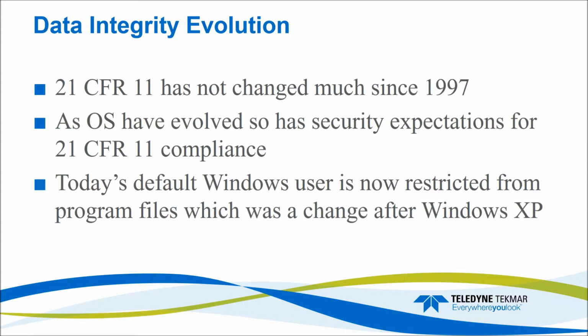So for an example, today's default Windows user, so we'll say most users now have Windows 10, some still have Windows 7, is now restricted from program files, which was changed after Windows XP. So with Windows XP, everyone could get into those program files, but now they're restricted.